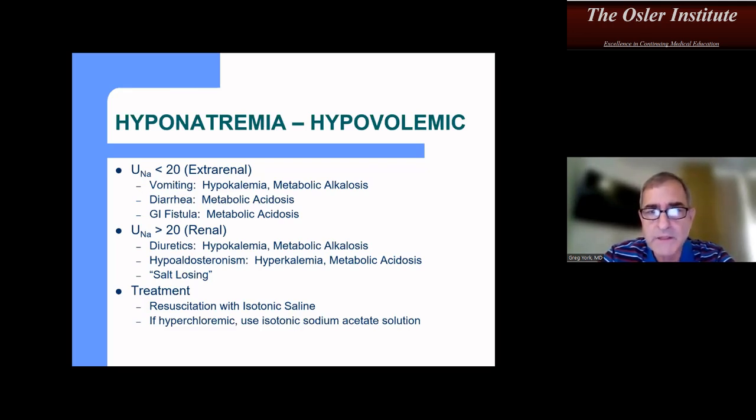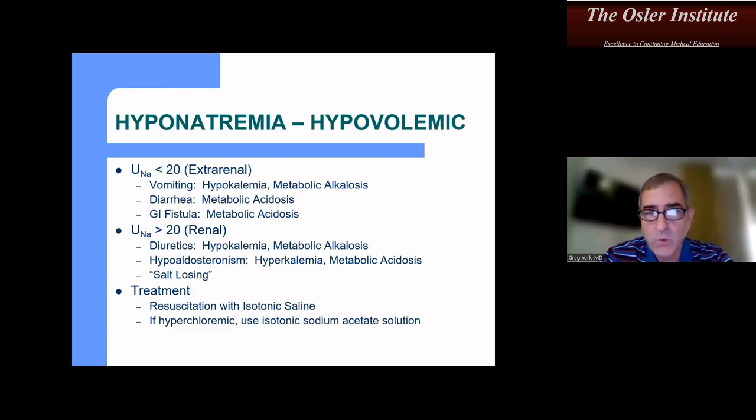But the bottom line is that sodium is a driver of volume status, and the kidney regulates that. In a patient who is hypovolemic and/or hyponatremic, the kidney's function should be to retain sodium. So we would expect very little sodium to get into the urine.